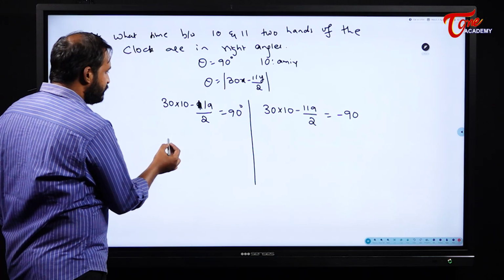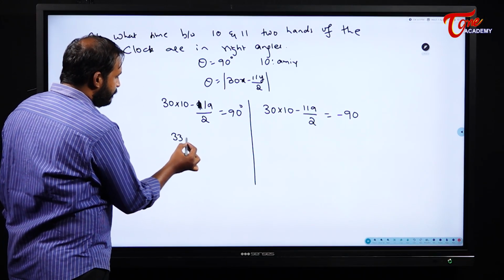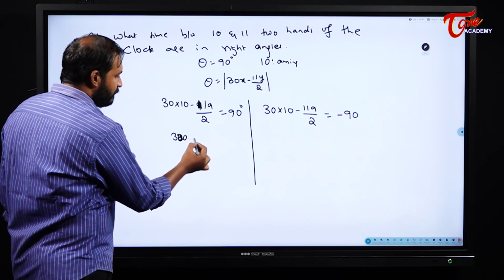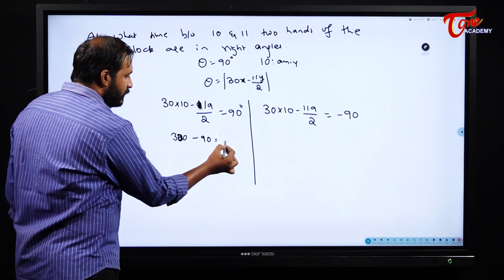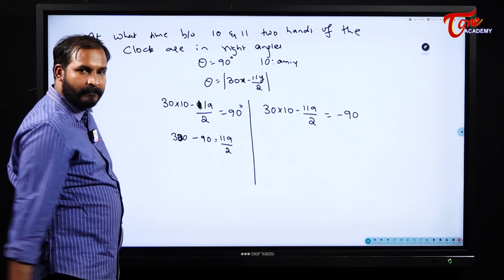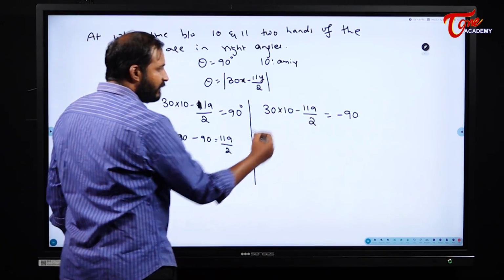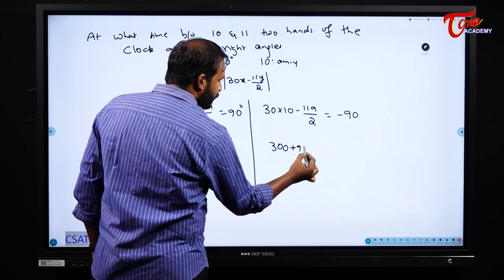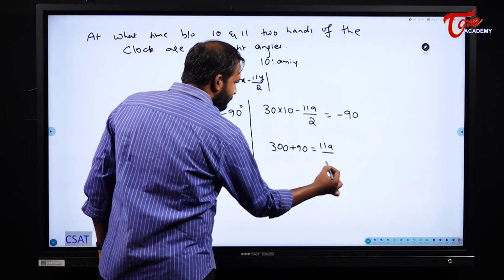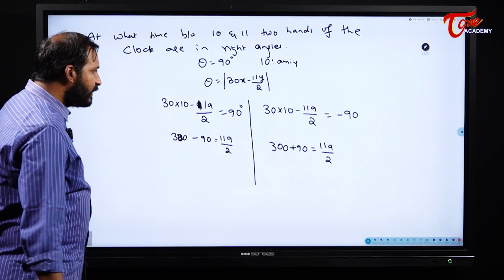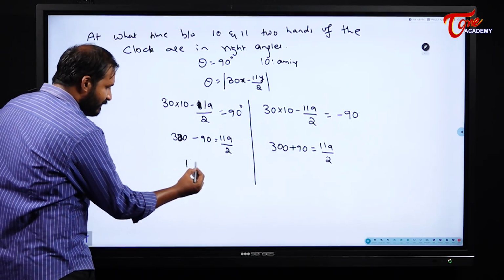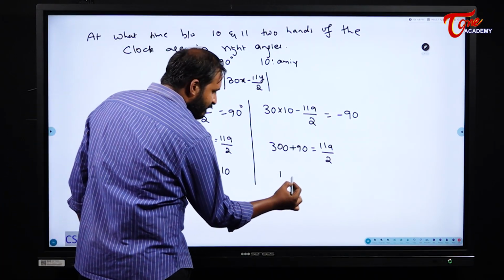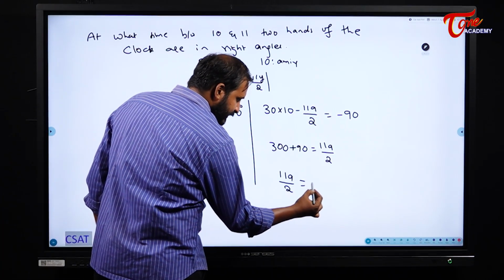Now I will send 11a by 2 to the other side, and 90 to this side. So 300 minus 90 is equal to 11a by 2, and 300 plus 90 is equal to 11a by 2. So 11a by 2 is equal to 210 and 11a by 2 is equal to 390.